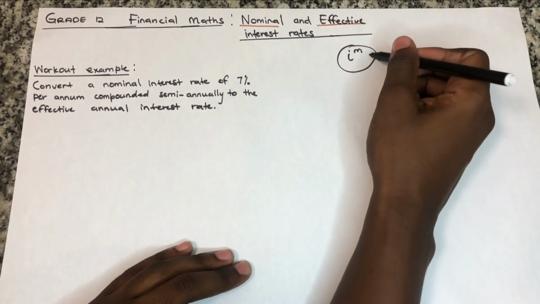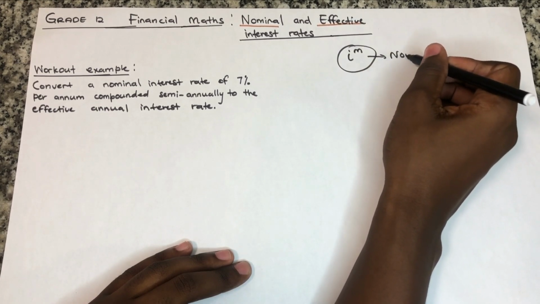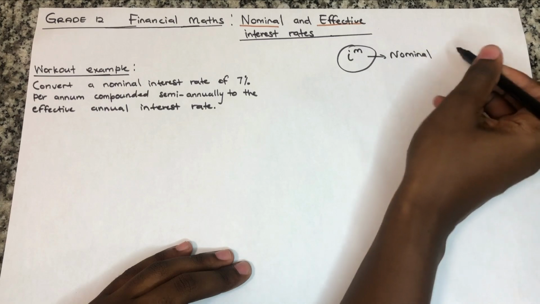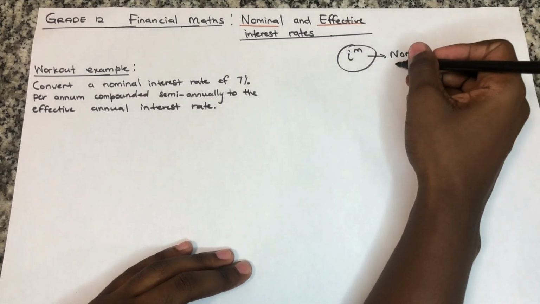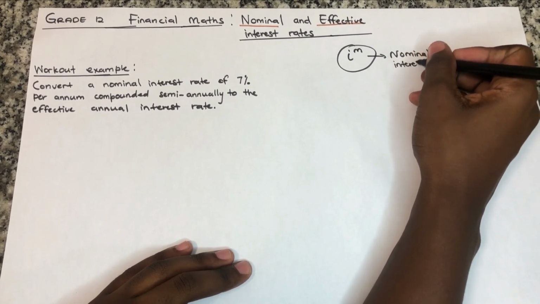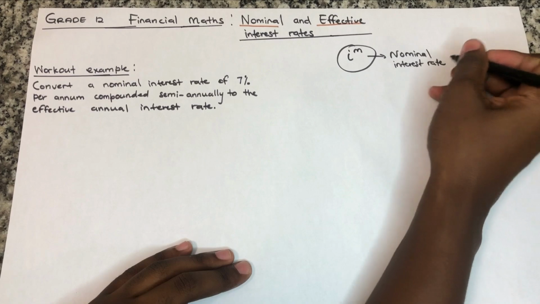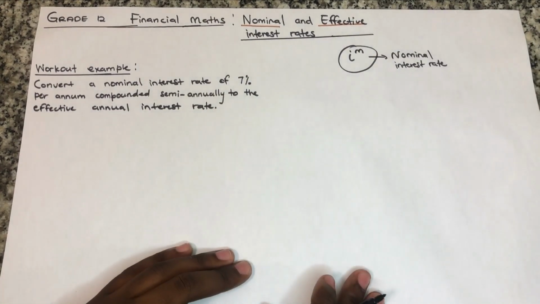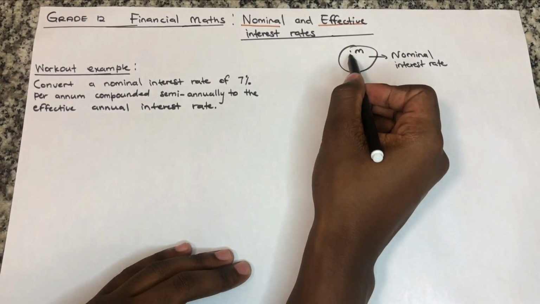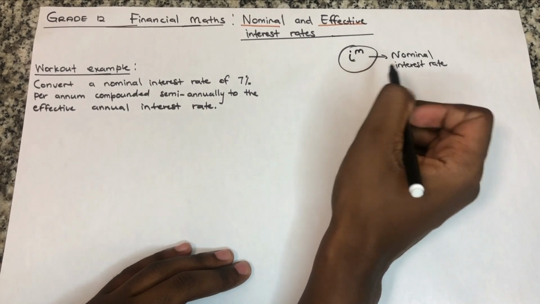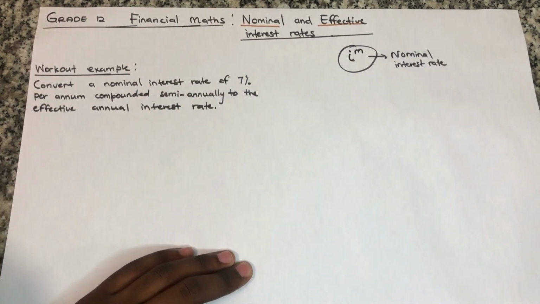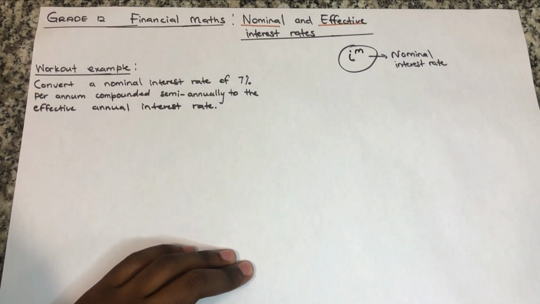Just before I show you the formula, this is the nominal interest rate. That's the I for interest as well as the m there, for compounding. All right, that's the nominal interest rate.